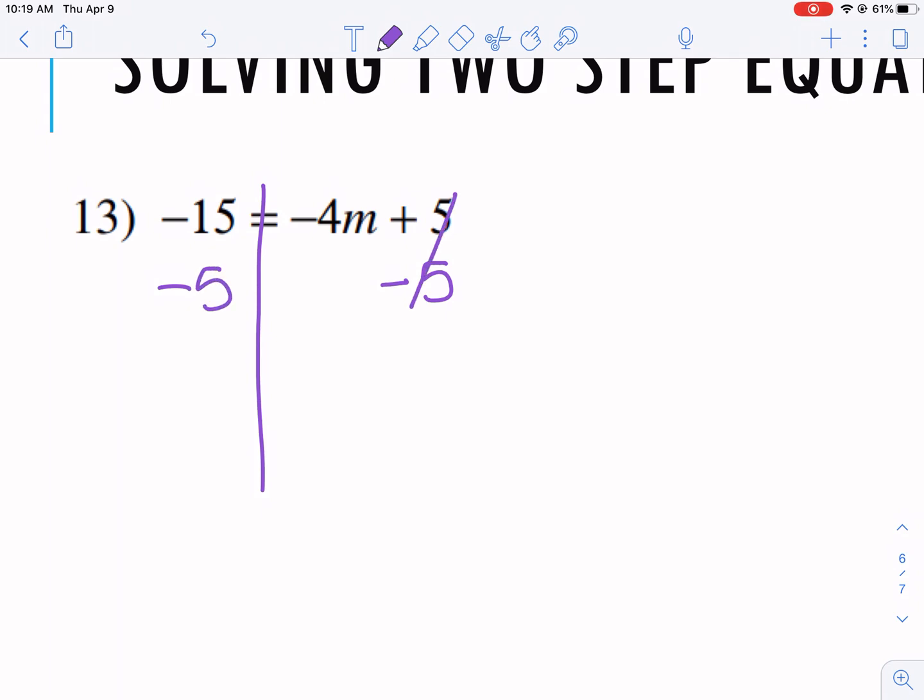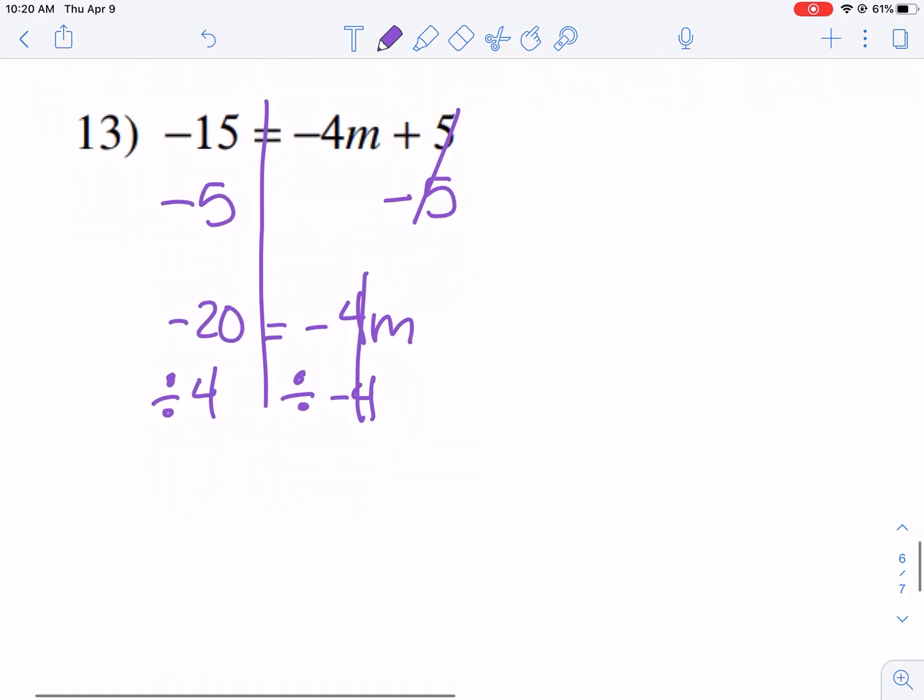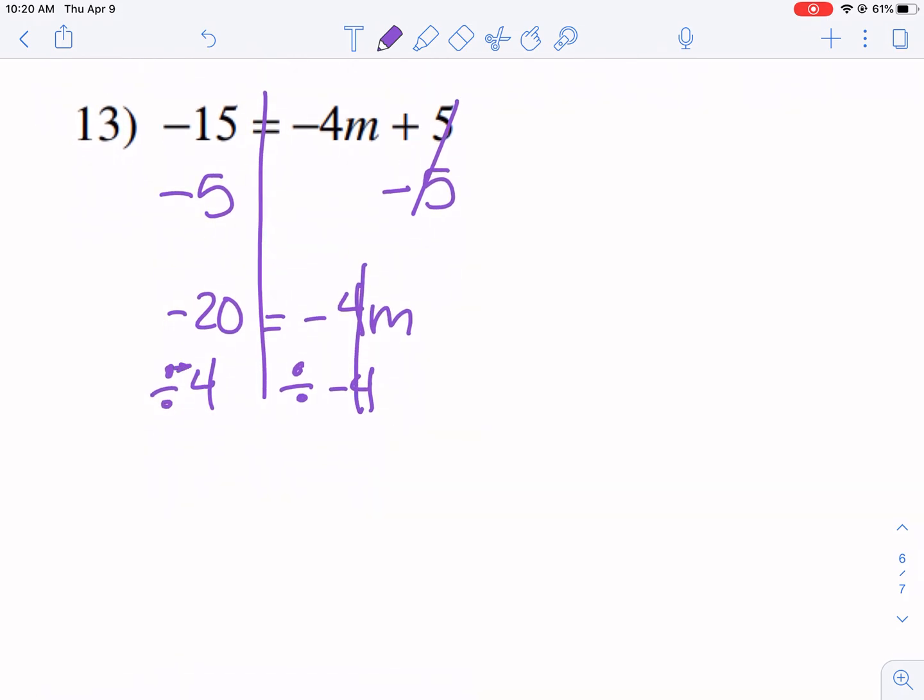Negative 15 minus 5 is negative 20 equals negative 4m. And then we divide by negative 4. I forgot my negative sign. Negative 20 divided by negative 4 is a positive 5.